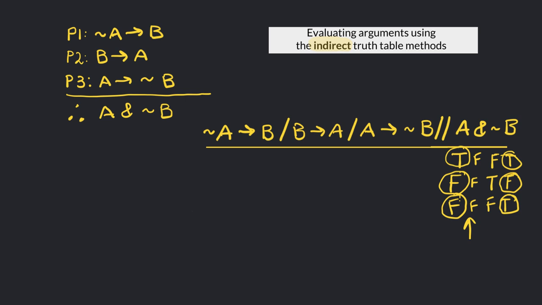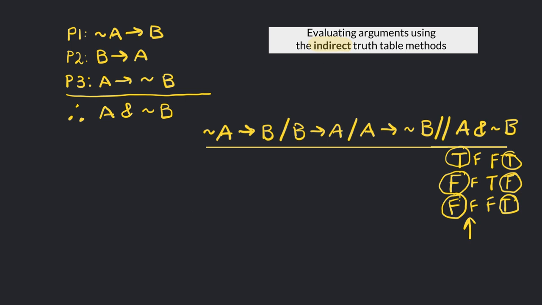So let's just go ahead and work on this one and see where it leads us, right? We're looking for any time that we could plug in a set of truth values consistently across the argument and make premise 1 true, premise 2 true, premise 3 true, and the conclusion false, then we can stop.